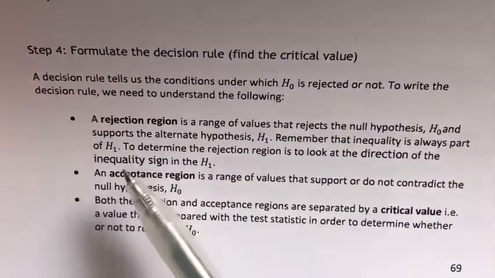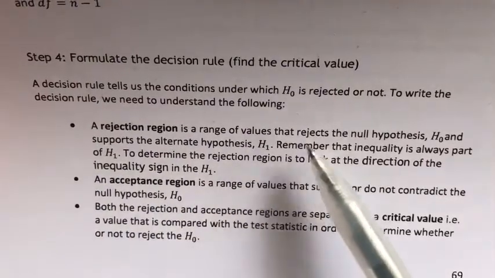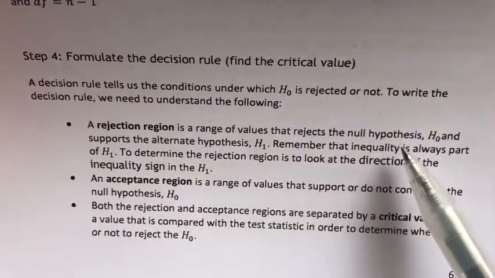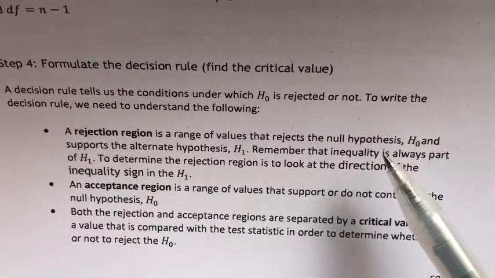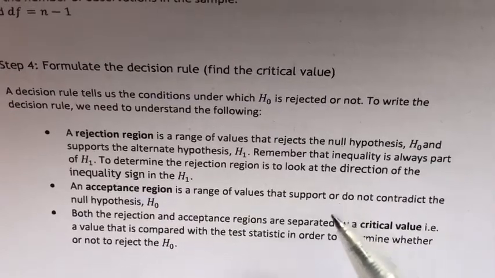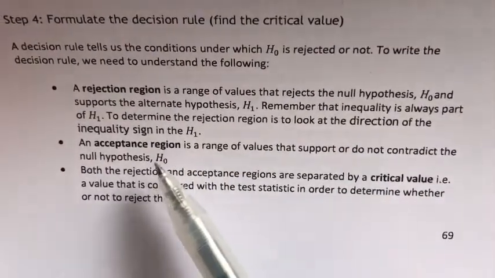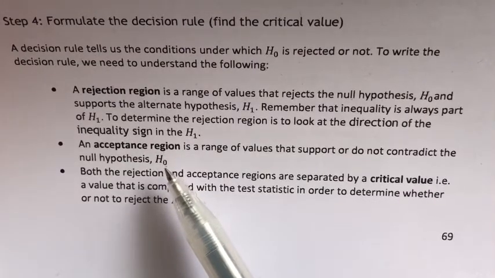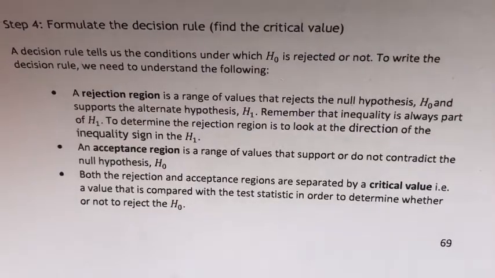The first area is called the rejection area, or rejection region, which is a range of values that rejects the null hypothesis. Basically if you reject the null hypothesis, what it means is we support, or we accept, the alternate hypothesis. The other region is the acceptance region, or acceptance area, which is a range of values that support the null hypothesis.